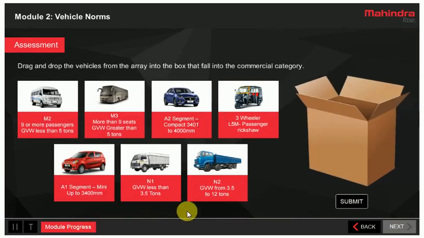Drag and drop the vehicles from the array into the box that fall into the commercial category.